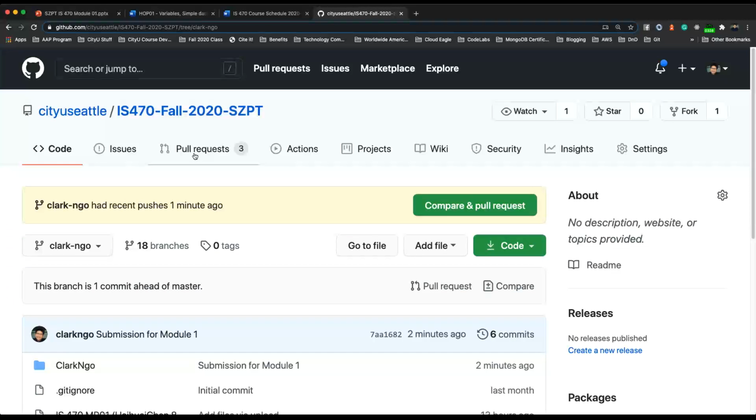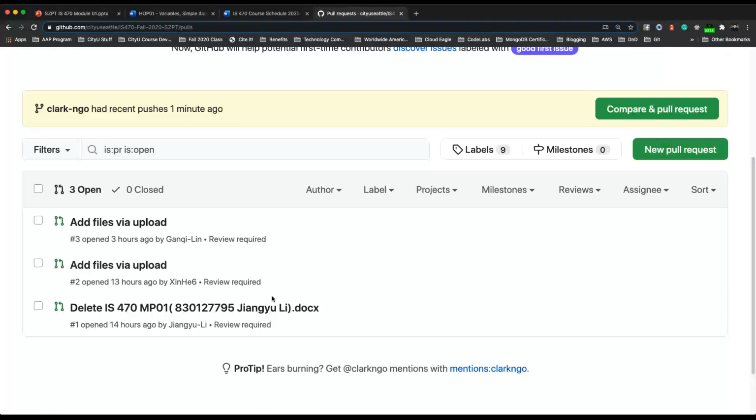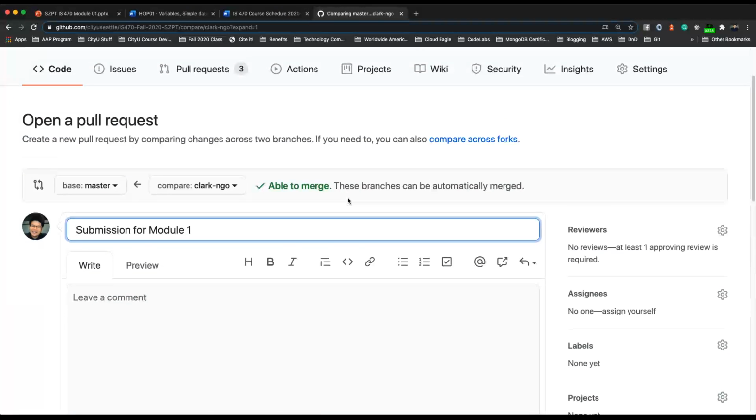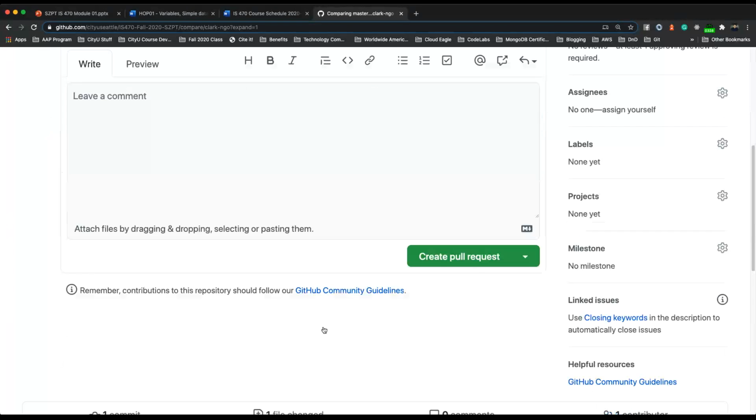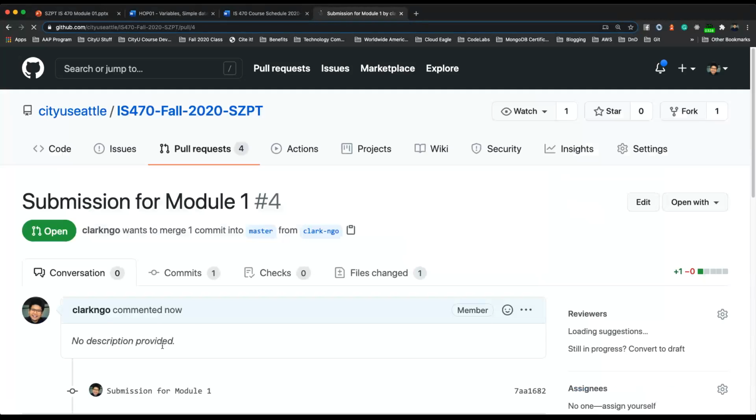The next thing you would usually do is click this pull request button. They go to the same page, but I can go here and click compare and pull requests. You can leave a message if you want. Click create pull request.